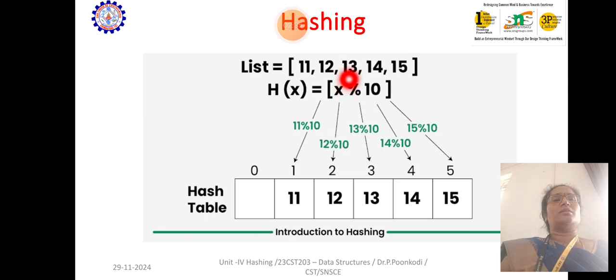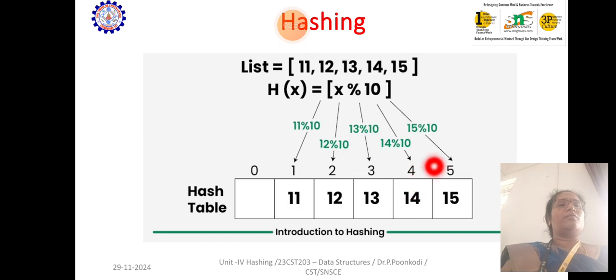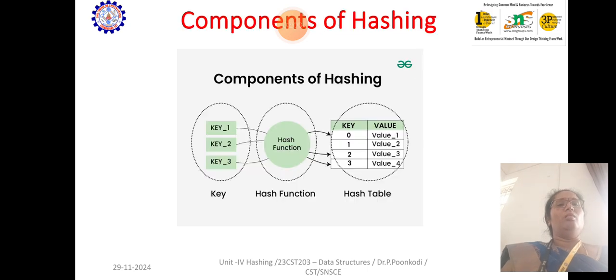Like that, 13 modulo 10, the remainder will be 3, so this value will get stored at index 3. Likewise, 14, the remainder will be 4, so it is stored at index position 4. Then 15, remainder 5, so it will get stored at index 5.